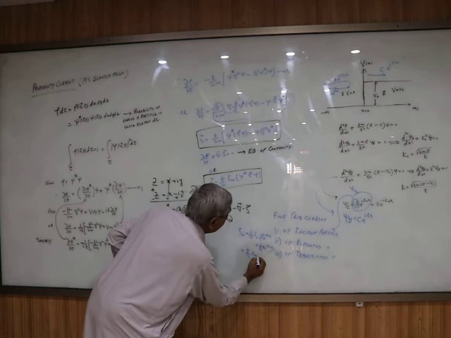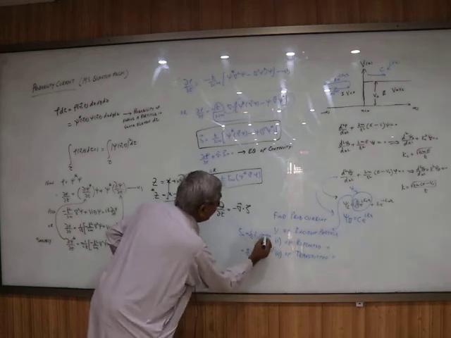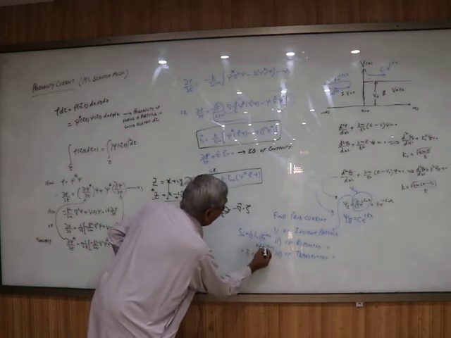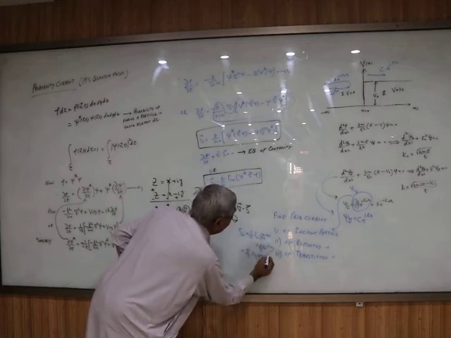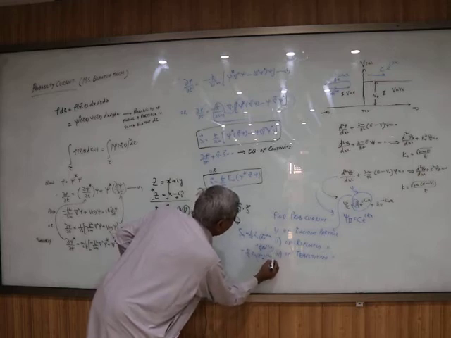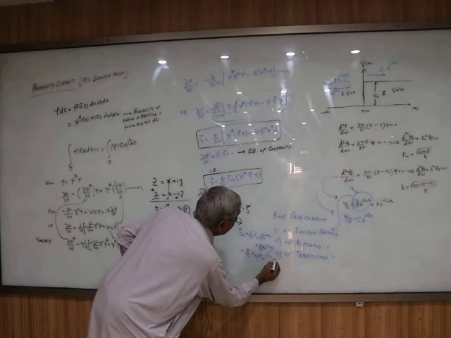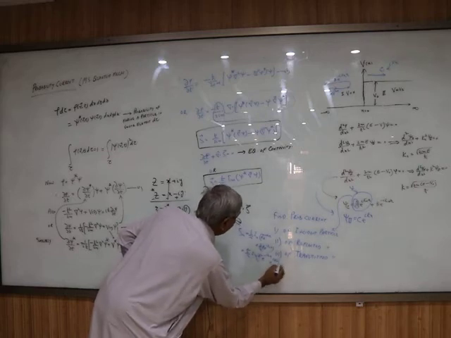and the derivative of this will be, well, this will remain as it is, e raised to minus i k naught x, and the derivative of this is e raised to i k naught x into i k naught.